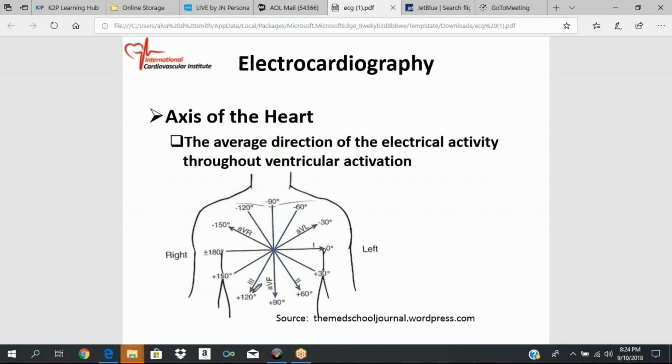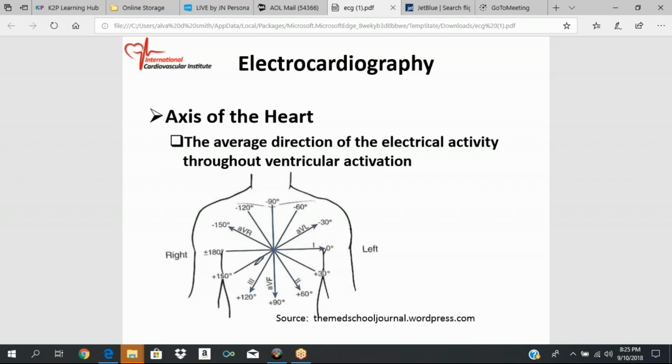Then we go to lead 3. Positive lead 3 is 120 degrees. So if you have negative lead 3, it's going to be right over here, which is minus 60. Similarly, negative AVF is up here, and that's minus 90. Okay?